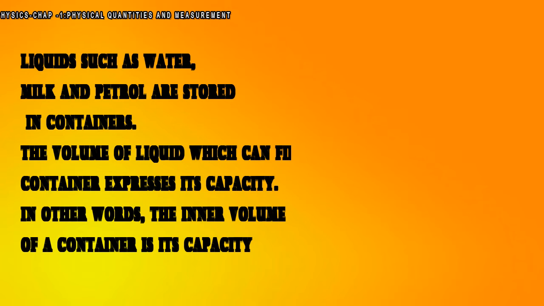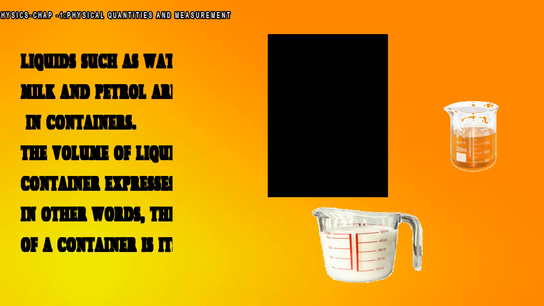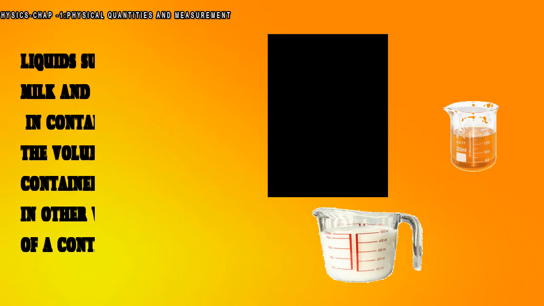Liquids such as water, milk and petrol are stored in containers. The volume of liquid which can fill a container expresses its capacity. In other words, the inner volume of a container is its capacity.